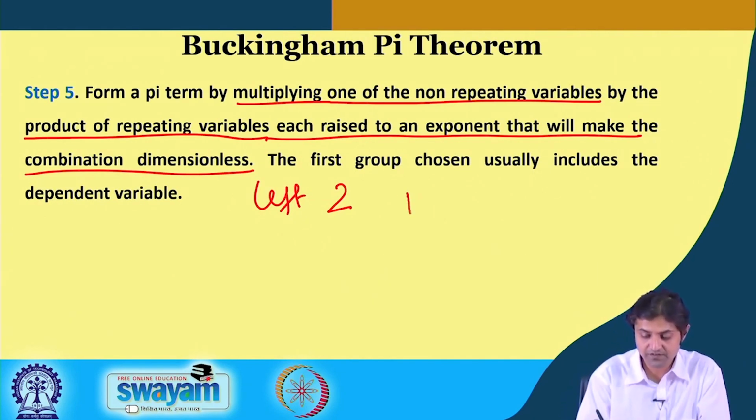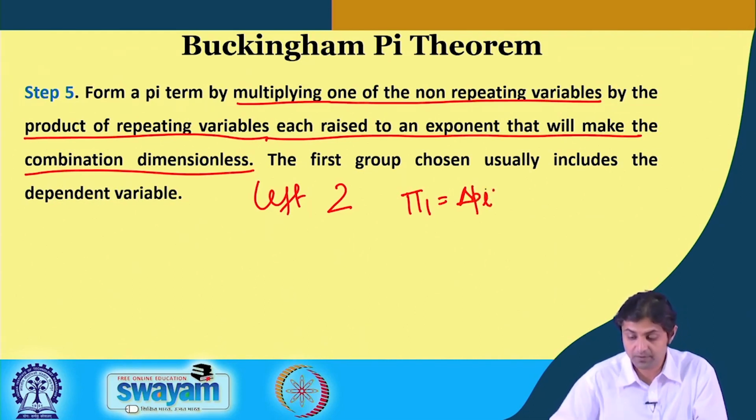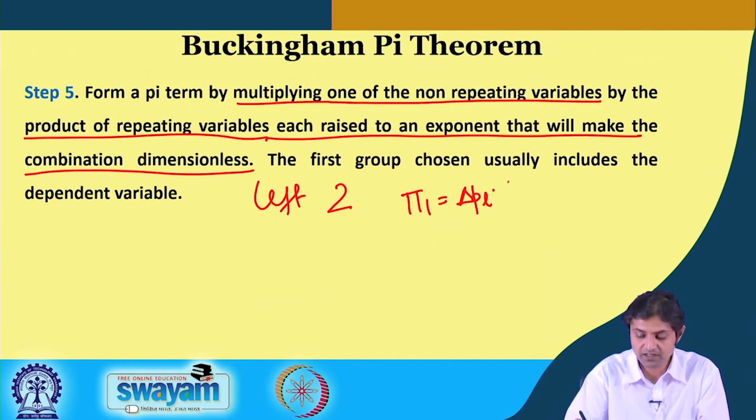So the first pi term, pi 1, is going to be formed by multiplying one of the non-repeating variables. I am multiplying delta PL by the product of the repeating variables: d to the power a, v to the power b and rho to the power c.